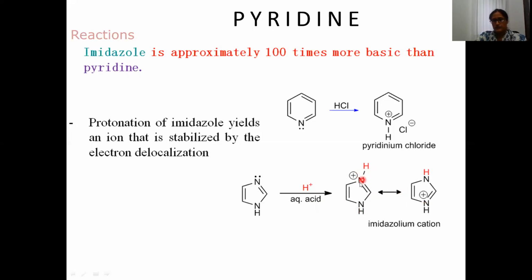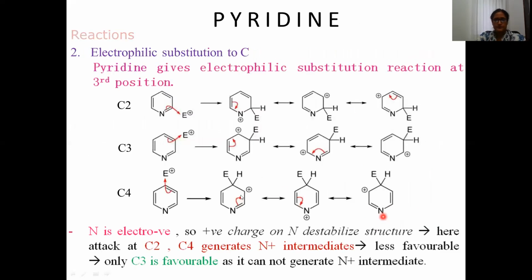Here one nitrogen gets cationized, and here another nitrogen gets cationized. So it forms the imidazolium cation, having two resonance cationic structures, which are more stabilized than the pyridinium chloride. That's why imidazole is more basic in nature than pyridine.